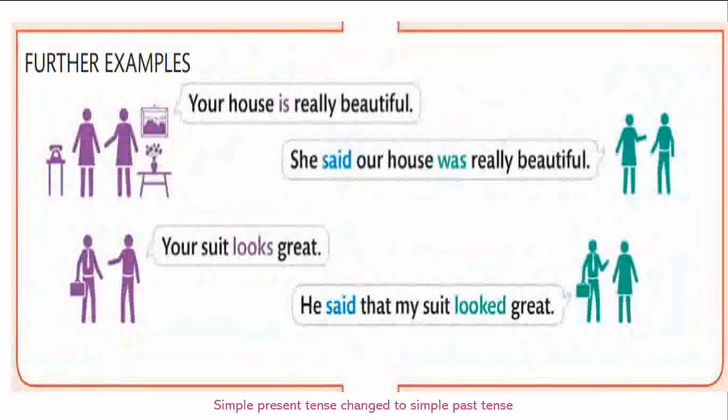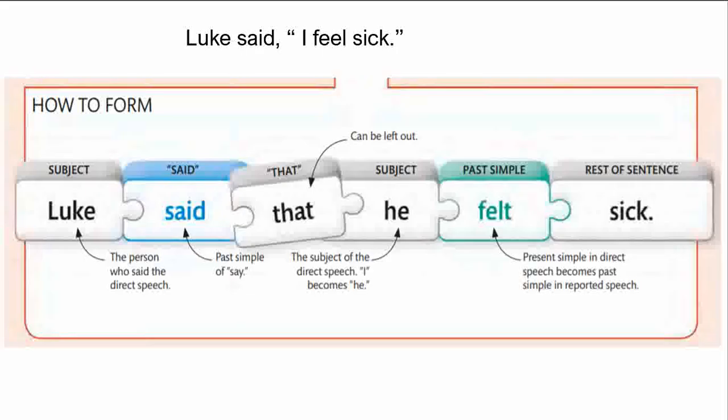Let us proceed and see what we have next. Let us see the construction. If Luke said, comma, inverted commas open, "I feel sick," full stop, inverted commas close, this is direct speech. Now we need to change this and look at the structure at the same time. Luke remains as such, that's the person who has spoken, who said the direct speech. Said, that is as such, the simple past of say.